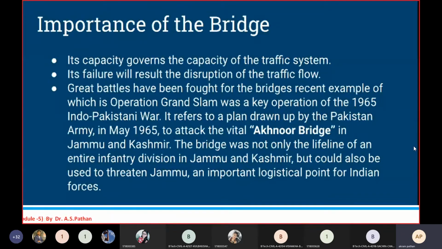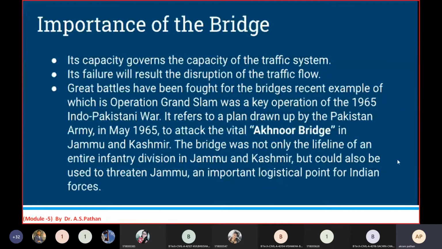It referred to a plan drawn by the Pakistani army in 1965 to attack the vital Akhnoor bridge in Jammu and Kashmir. The bridge was not only the lifeline of an entire infantry division in Jammu and Kashmir, but could also be used to threaten Jammu and the important logistical point for the Indian forces.